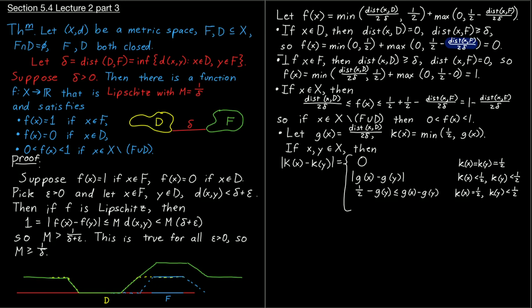The fourth option is the reverse, and in this case, we're going to have k of y being 1/2 and k of x being g of x.